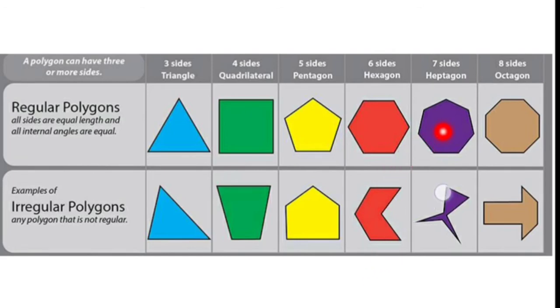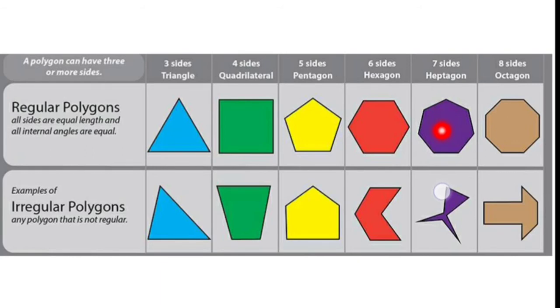Okay. Now the next figure is a 7-sided figure. Its name is heptagon. Hexa means 6, hepta means 7. 1, 2, 3, 4, 5, 6 and 7. This is a 7-sided figure, so it is a regular heptagon. All 7 sides are of equal length.